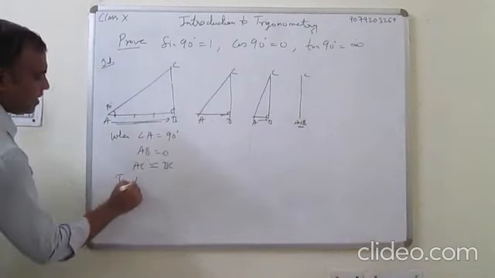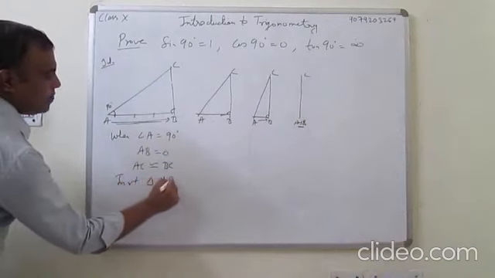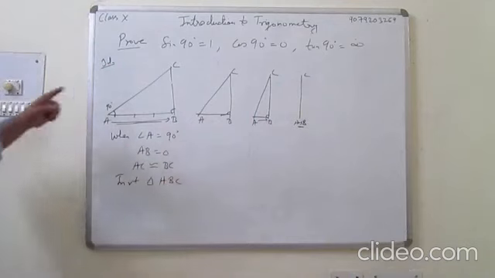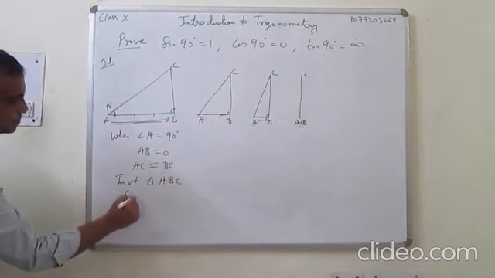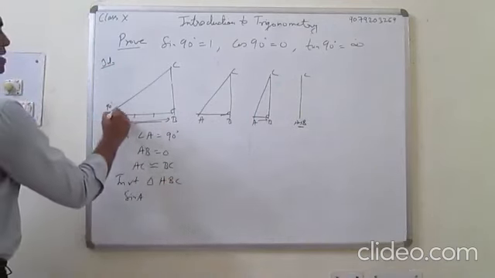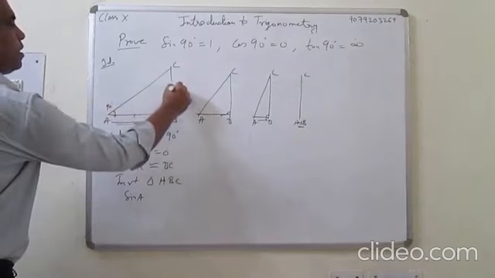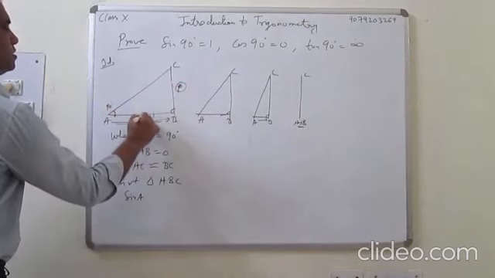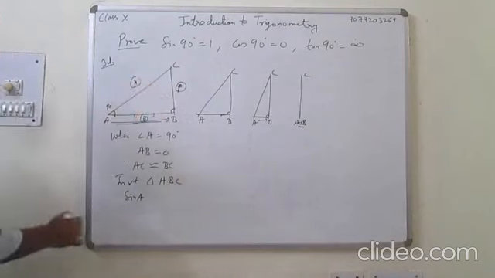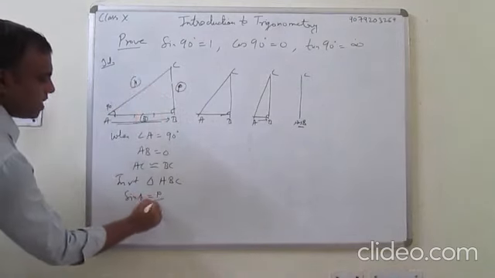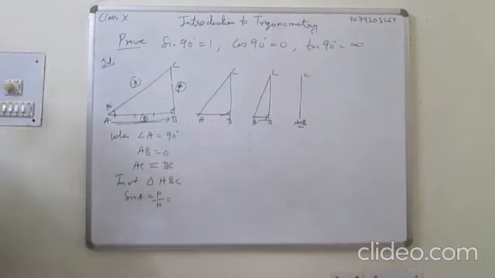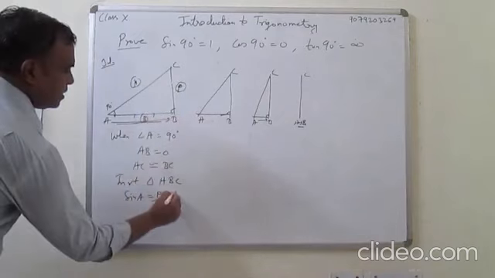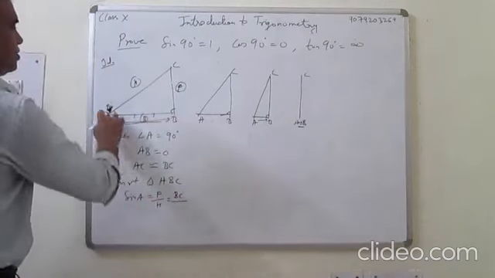Now in right triangle ABC, what is sine A? Opposite to A is perpendicular, this is base and this is hypotenuse. Sine A is P upon H. So what is P? BC, and what is H?